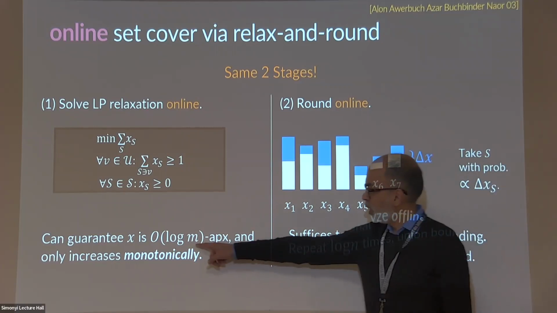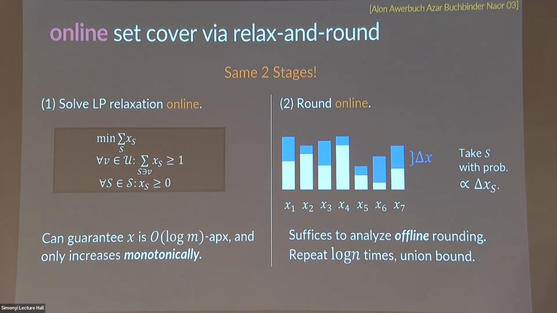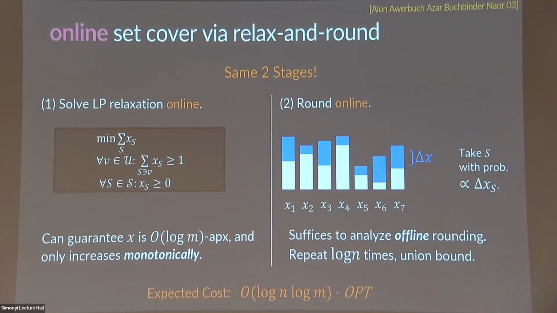And what they show is that you can lose only a log factor and solve this. And that's the cute idea behind this paper, or one of the cute ideas behind this paper. So you lose a log here, you lose a log there, you lose 2 logs. There are assumptions for you to solve arbitrary LPs online.